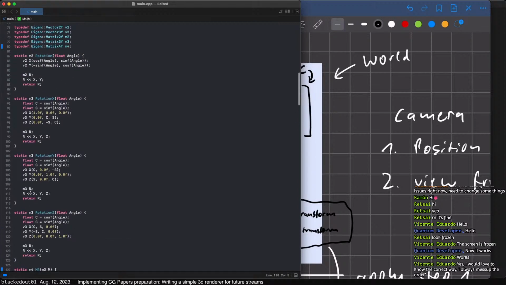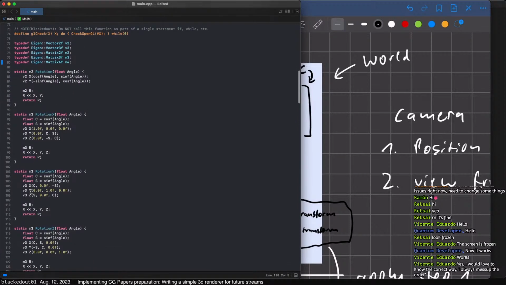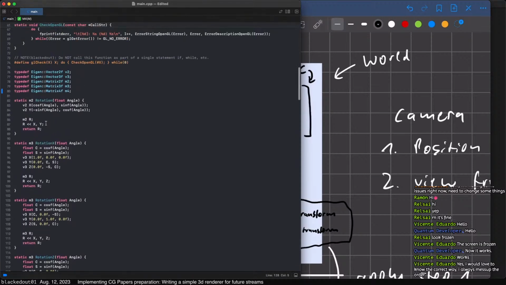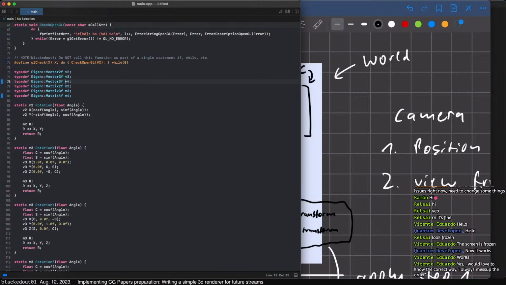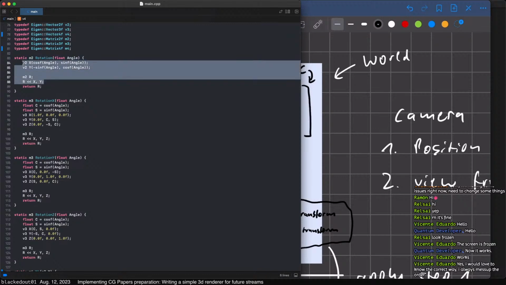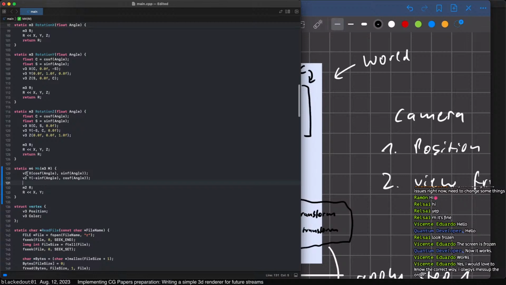I will also define a vector 4, and then what I will do is just, this is probably not very efficient, but I want this to be correct first.